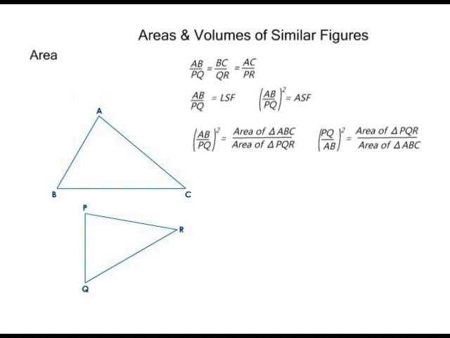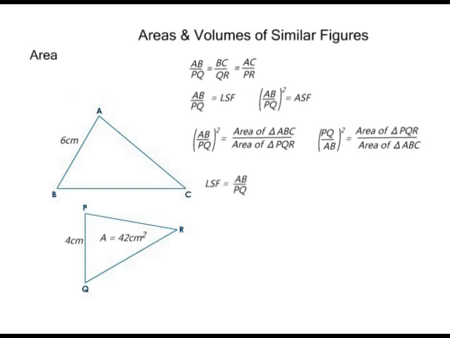And so, if you know the length of two corresponding sides and the area of one of the triangles, then you can find the area of the other triangle. Using real numbers, suppose the length AB is 6 centimeters and PQ is 4 centimeters, and the area of triangle PQR is 42 square centimeters. We can find the area of triangle ABC.